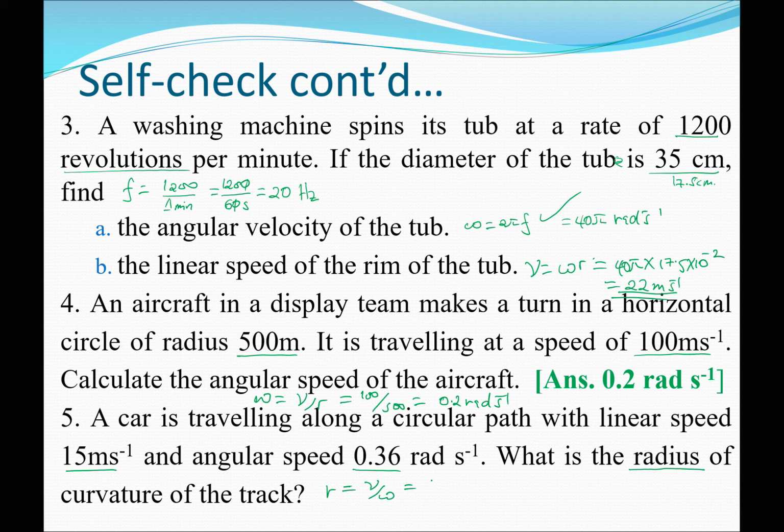So v is 15 meters per second and omega is 0.36. 15 divided by 0.36 is approximately 42 meters. Each of these was in SI units, so it will just be 42 meters.